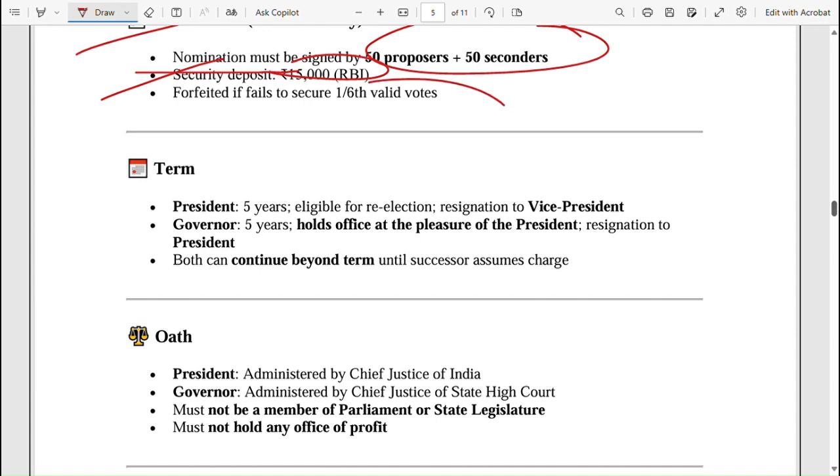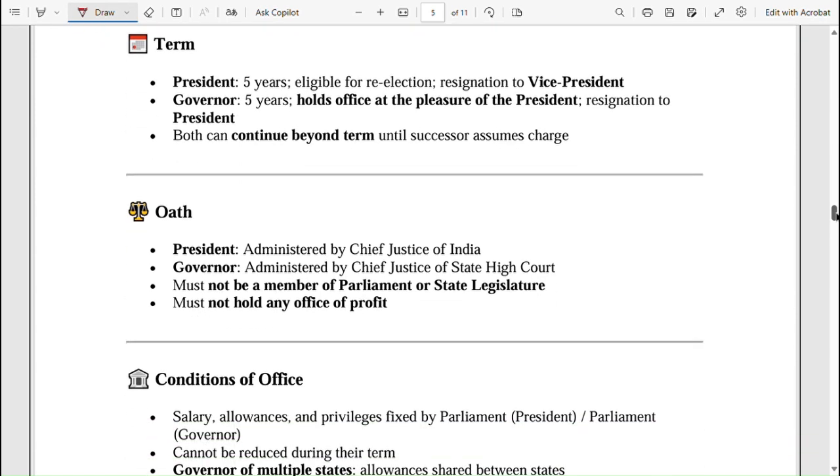This 15,000 will not be returned if you fail to secure one sixth of the valid votes. That is how nomination takes place. And as we know, the term of the president is 5 years and the governor's is also 5 years, but the exception is that the governor holds office at the president's pleasure, as I told you.